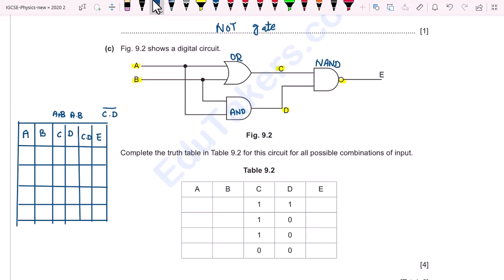First of all, the inputs are 1 1, 0 1, 1 0, and 0 0.